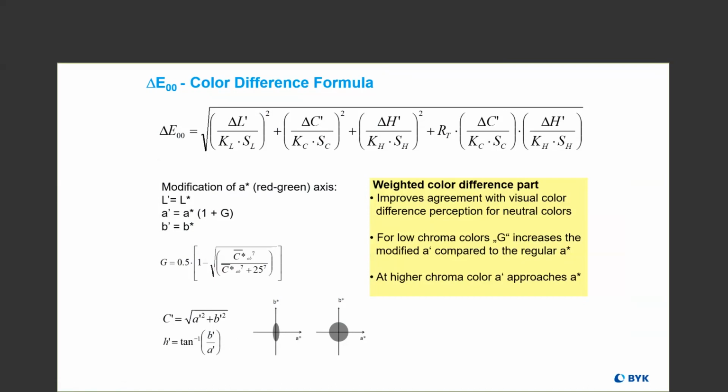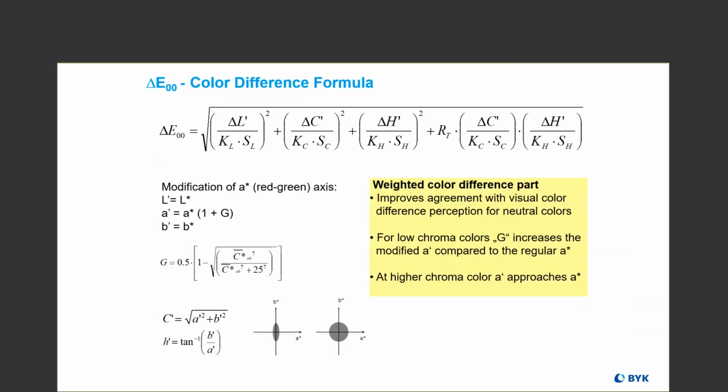Are there any new color equations? So as far as I know, there probably are newer ones. I think for solid colors, DeltaE 2000 is the newest widely accepted color difference.